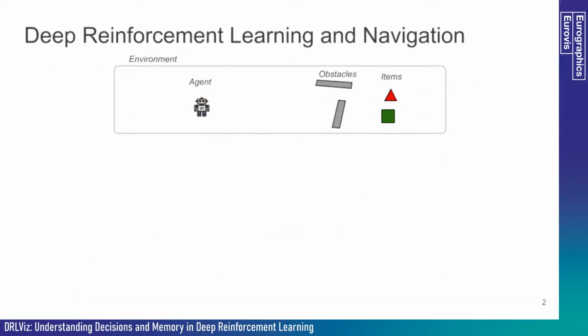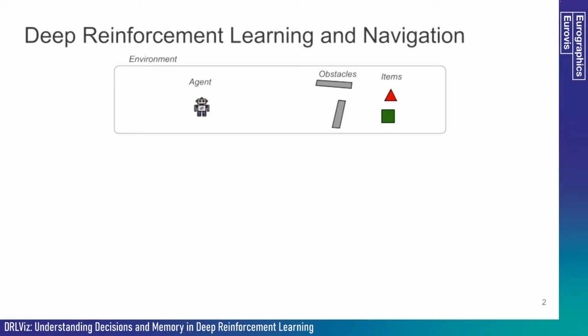To speed up the training process and prevent robots from damaging themselves as they learn, we often use simulators as proxy tasks. In our case, we rely on the ViZDoom simulator to provide navigation tasks from the game Doom. In this kind of task, a robot we call agent is set in an environment with obstacles such as walls and items to collect.